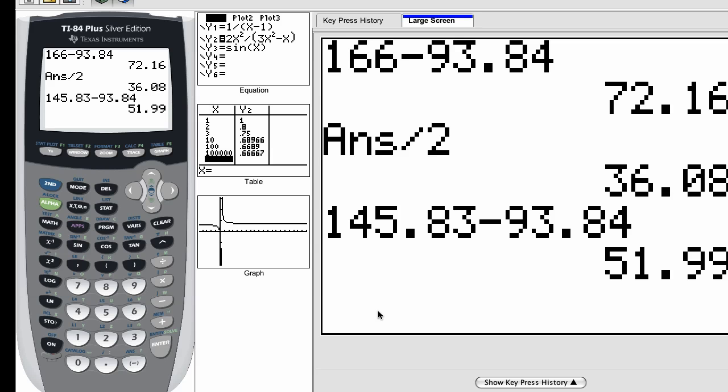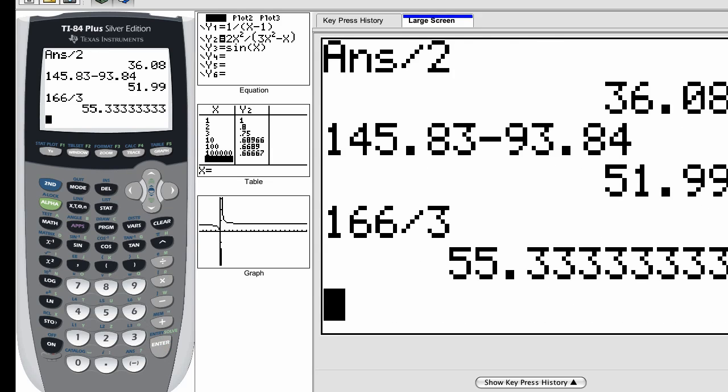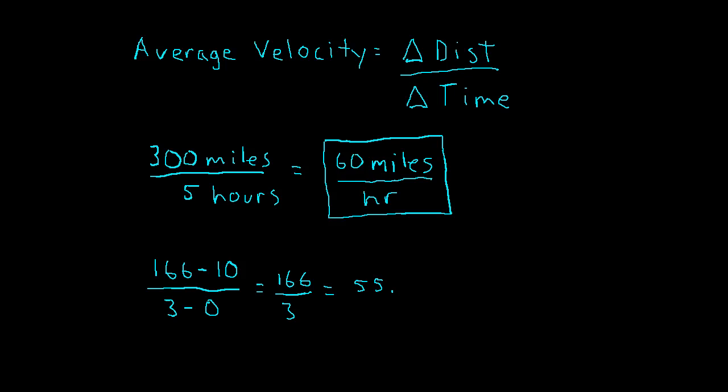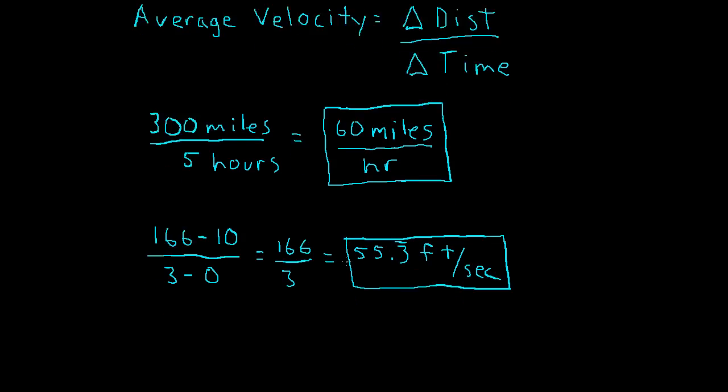Let me calculate this real quick, 55.3, 55 and a third. We'll just write 0.3 repeating, and this is feet per second. That would be the average rate of change for my object over the first 3 seconds.